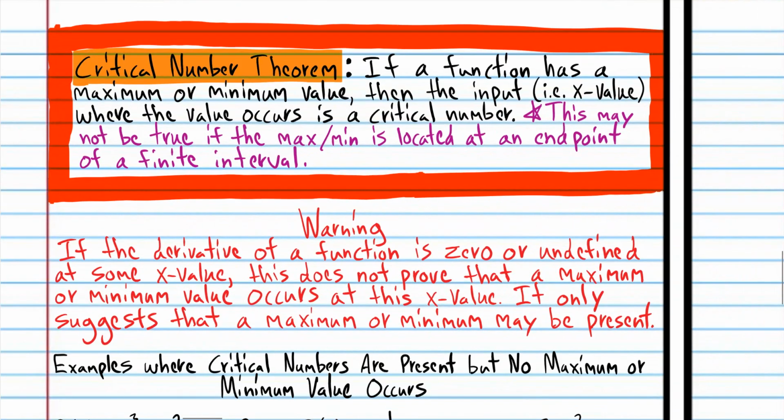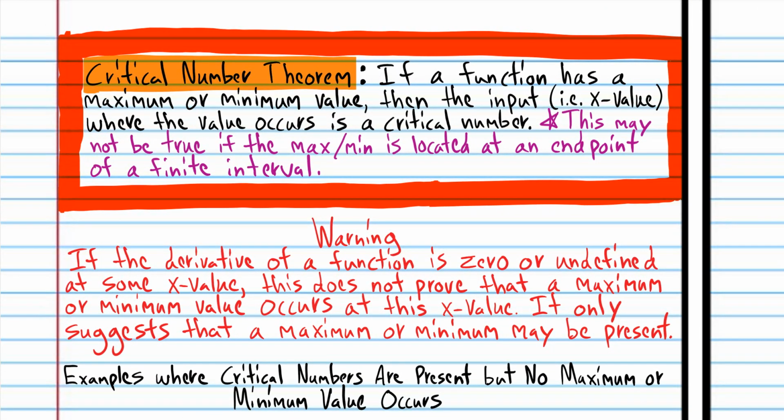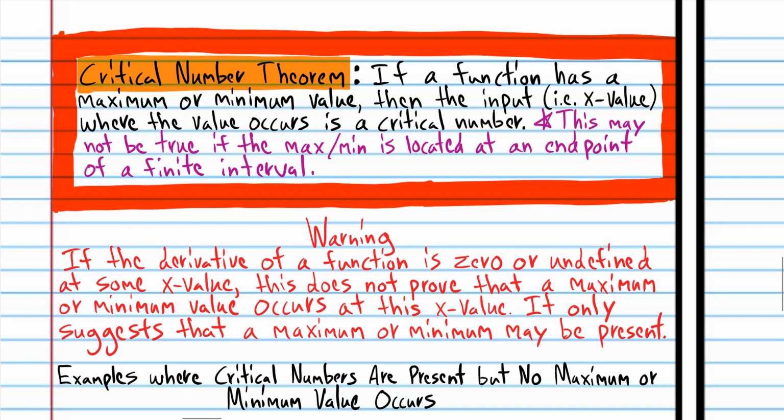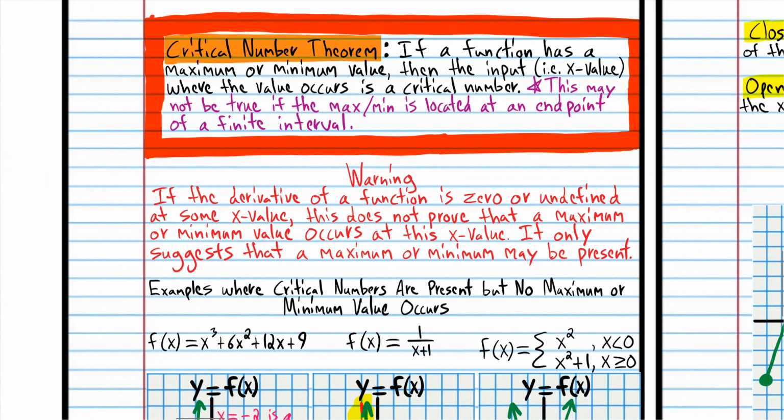But just because the derivative is undefined at some x value, or the derivative is 0 at some x value, that does not prove that there's a maximum or minimum value there. So be aware of that.